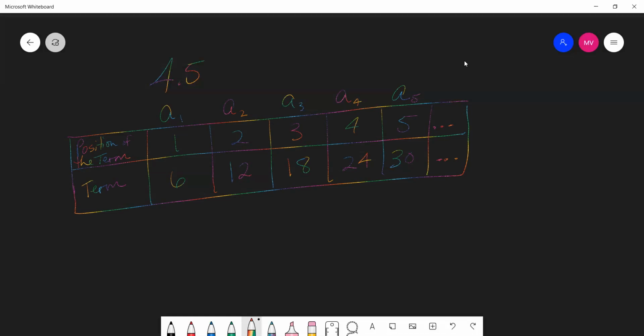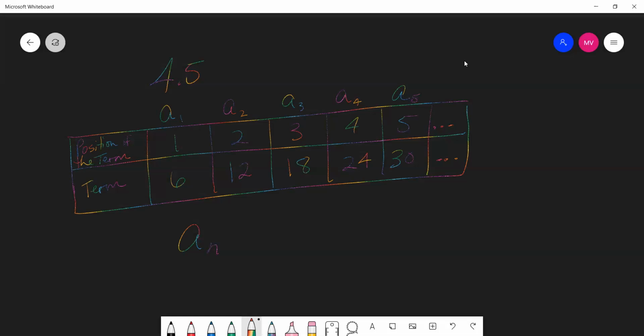Or if we don't know exactly which position we're calculating, when we write a formula for it that works for all of them, we just use that position as the letter N. So AN is some unknown position, and then we need to determine the value of the term in that position.